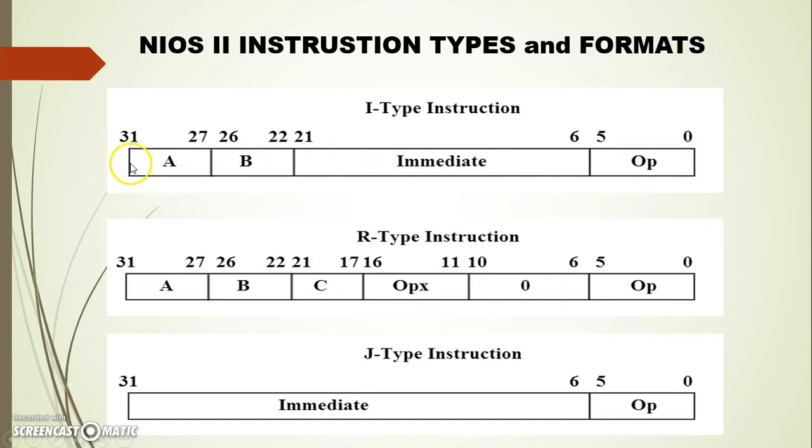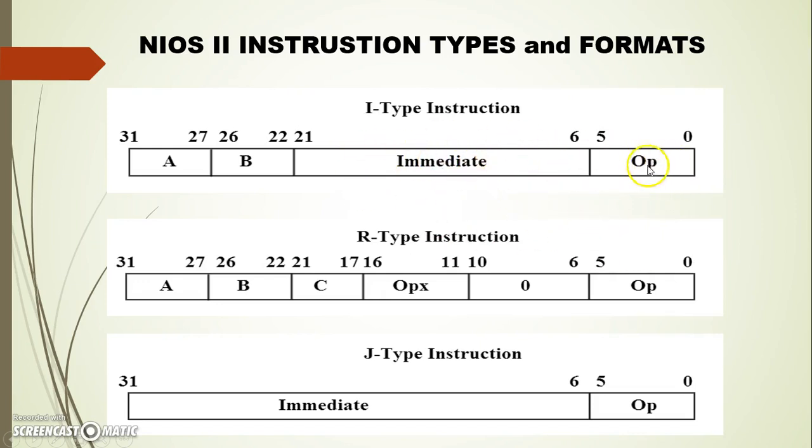So the 32 bits are categorized: 5 bits for indicating the source register, 5 bits for indicating the target register, which is updated after the instruction is executed, and a 16-bit immediate value, which acts as the second operand in case of ALU operations, or a 16-bit offset value or address in case of branch instructions.